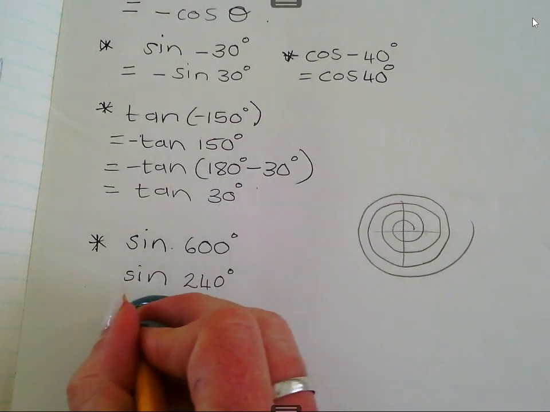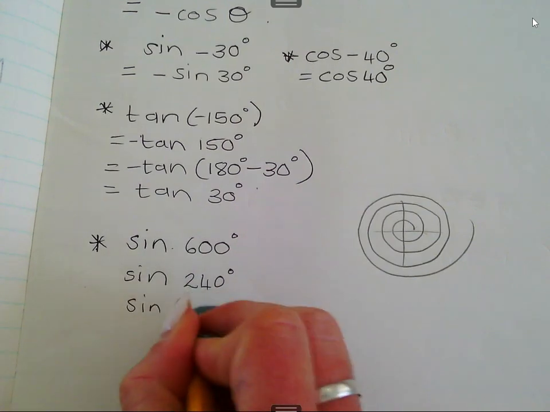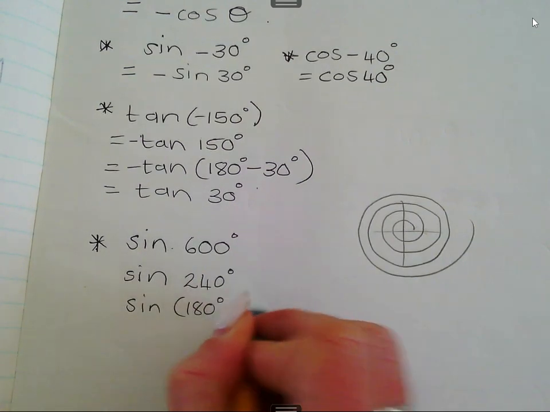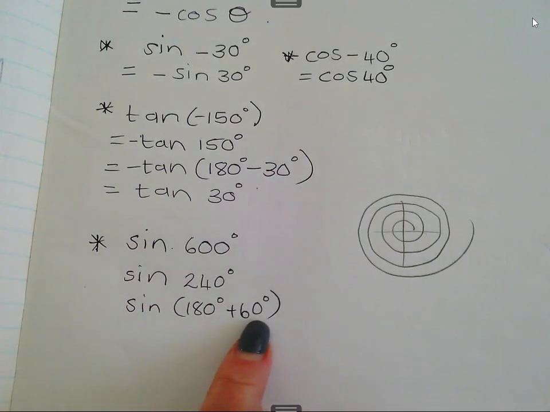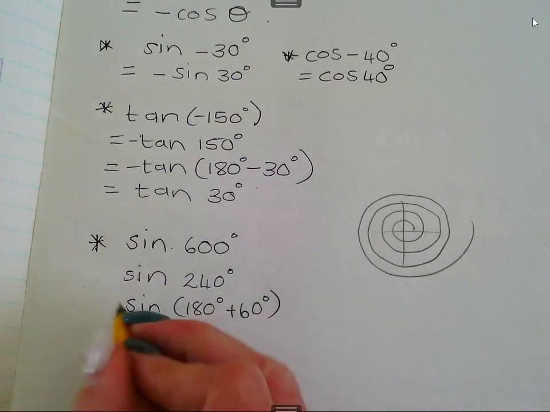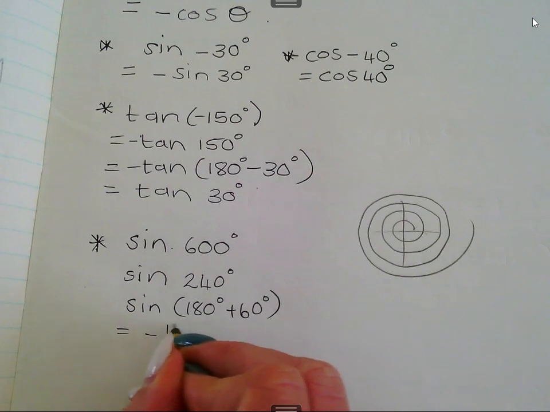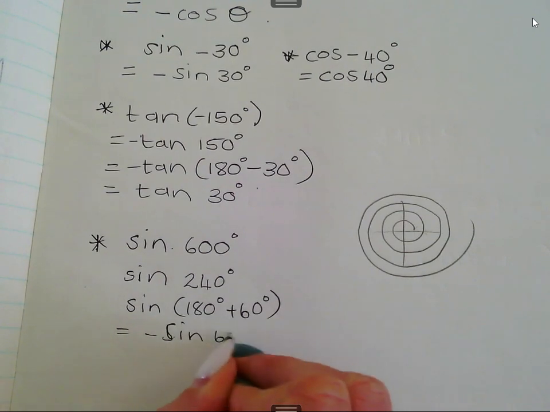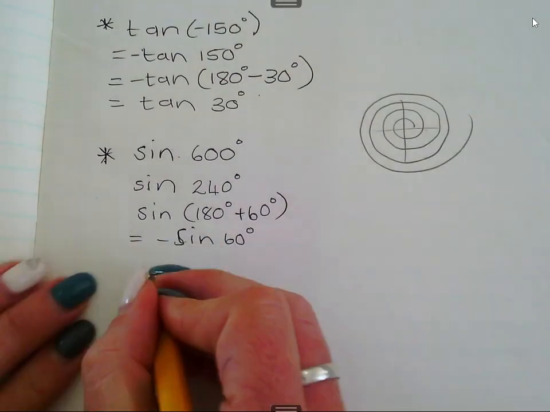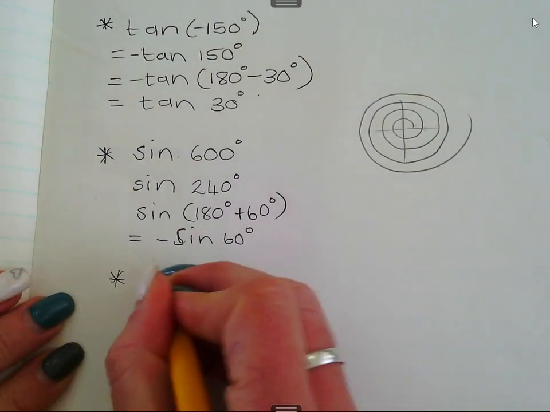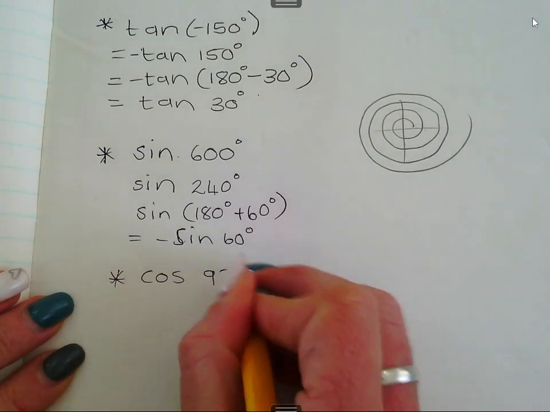Yes, so now it's going to be the sin of 180 degrees plus 60 degrees. This is the third quadrant. Sin is negative, so it's going to be negative sin 60 degrees. Let's try just one more. Cos 920.